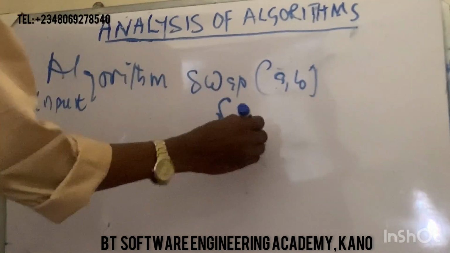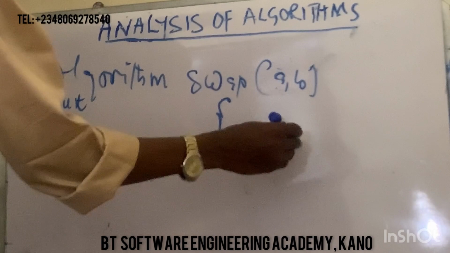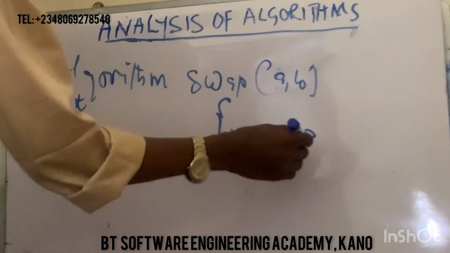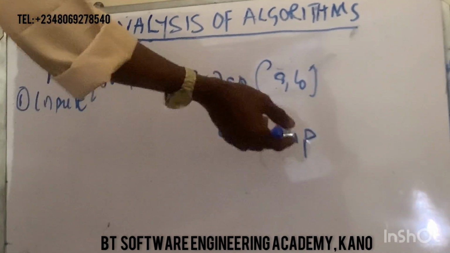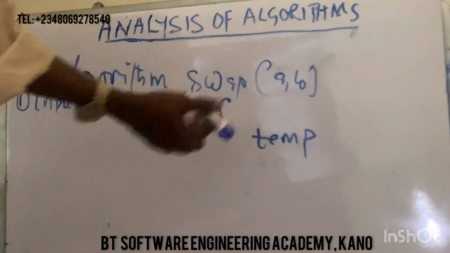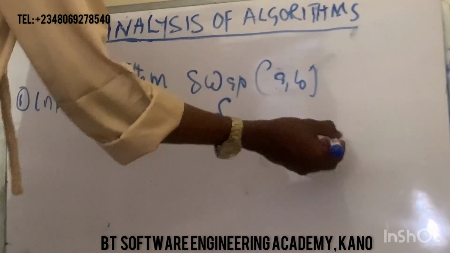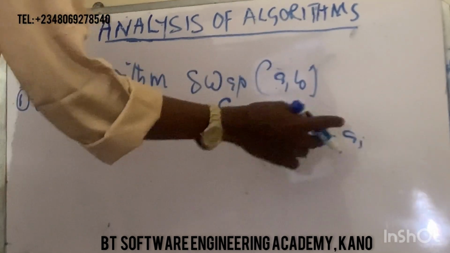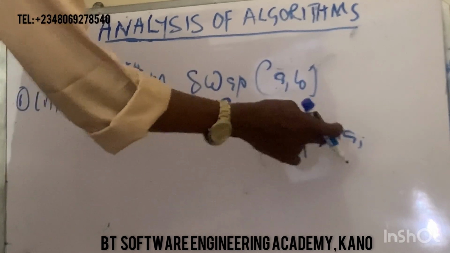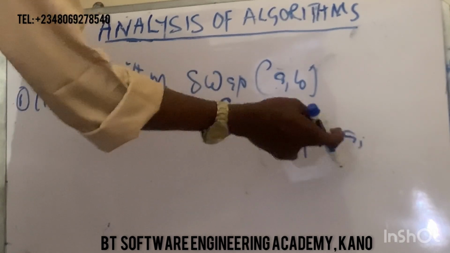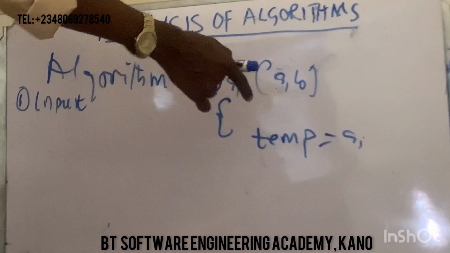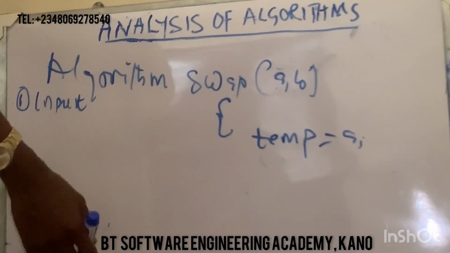Then I will create a variable. A variable is a placeholder that holds the value of whatever you assign to it. temp equals A. I say take the value of A to be temp. So this is a variable.